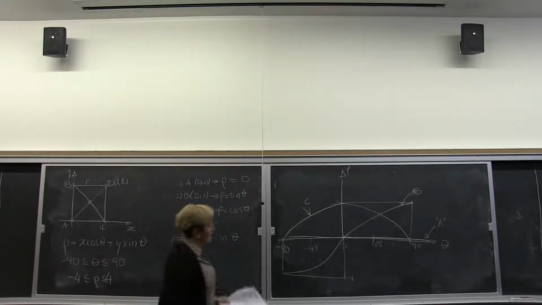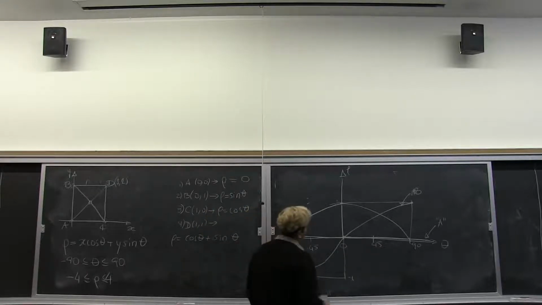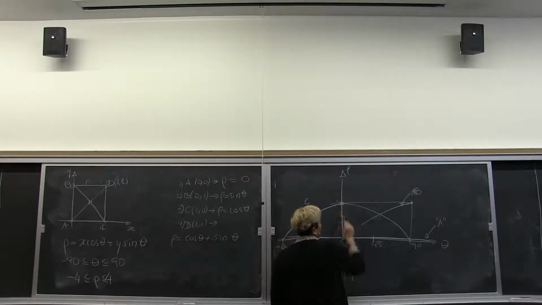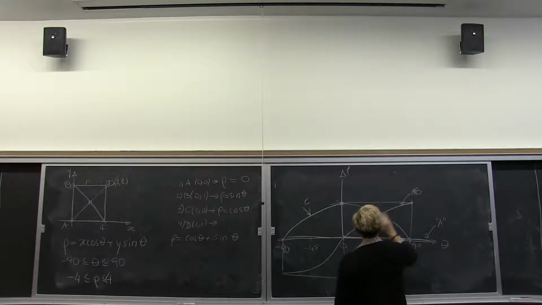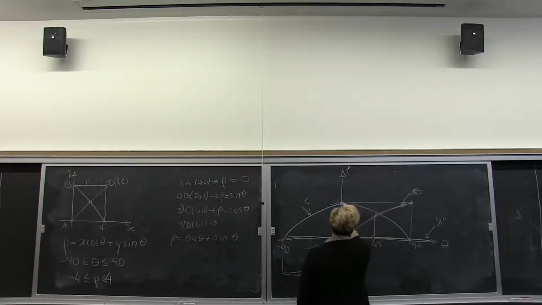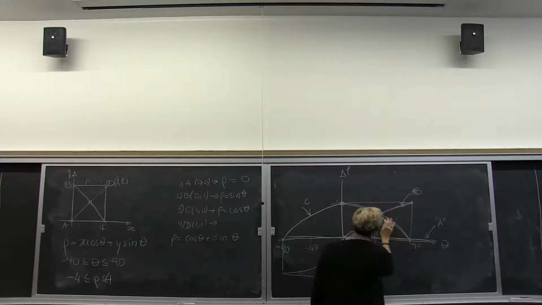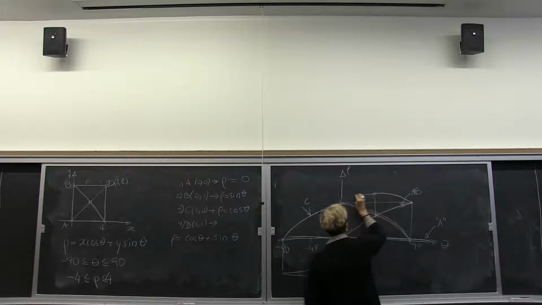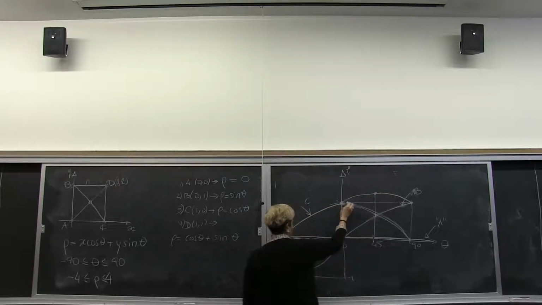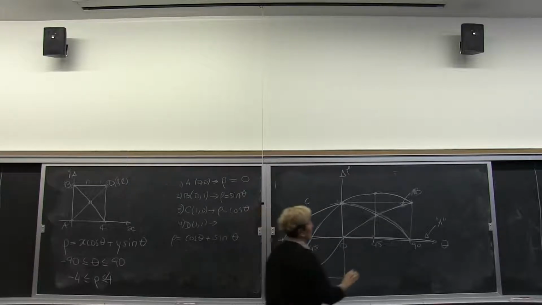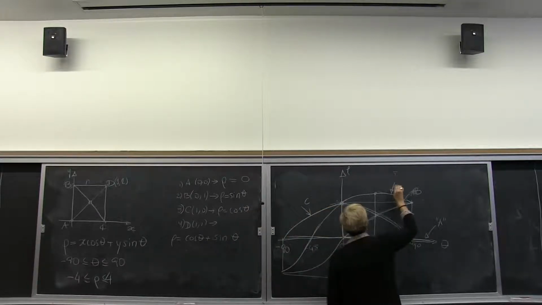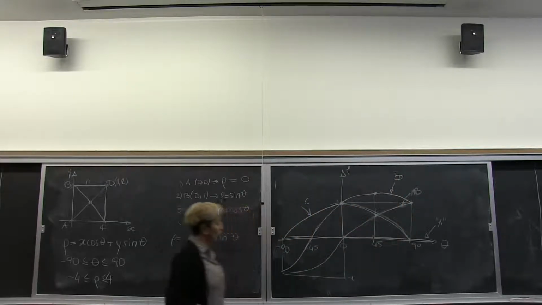So I'm going to sum this curve and this curve. So 0 plus 1 is 1. This should have been crossing at 45. This is D. Okay.